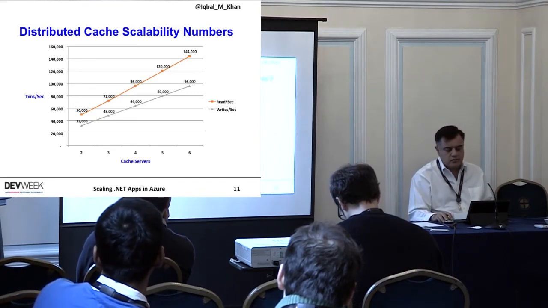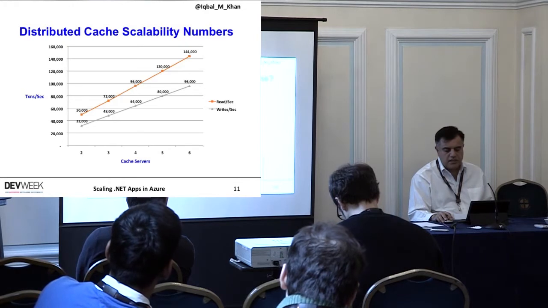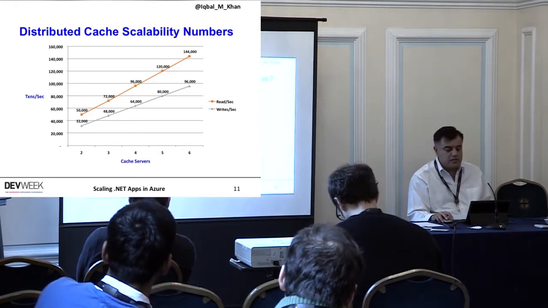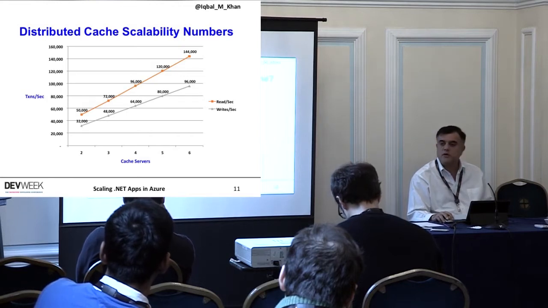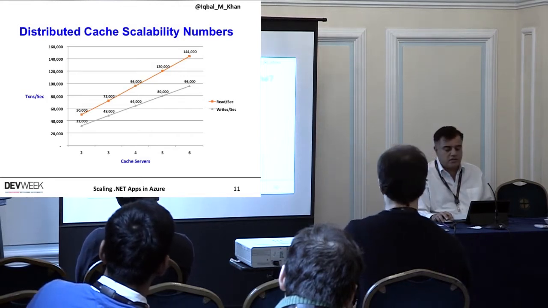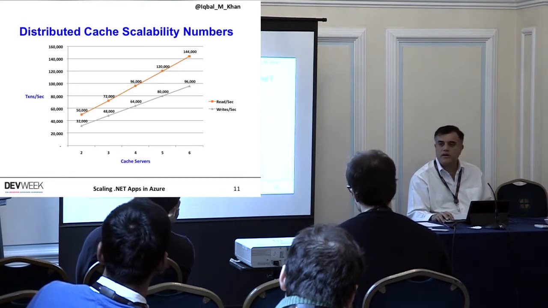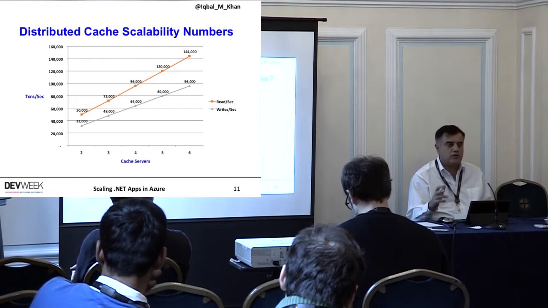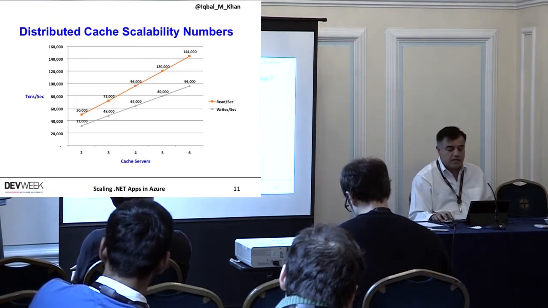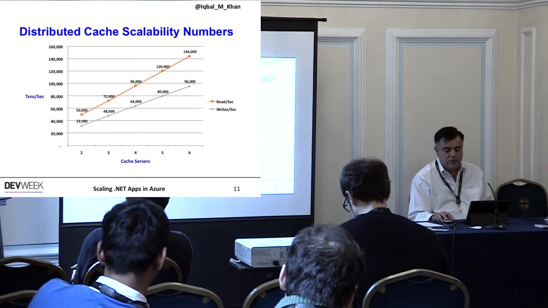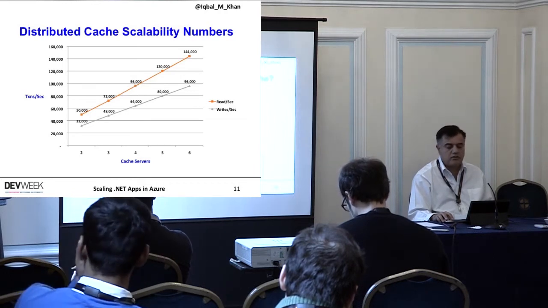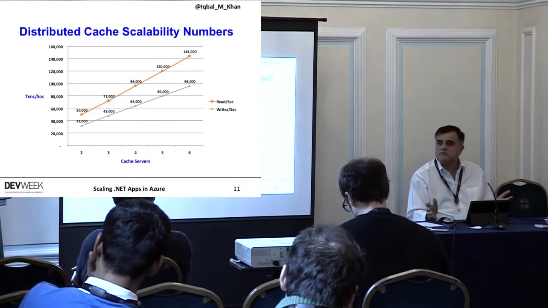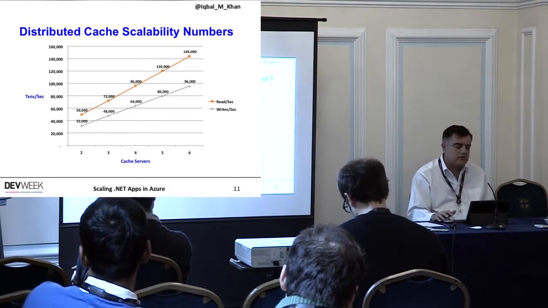Now, if you have 2 or 3 servers here, it doesn't mean that you have 2 or 3 servers in your application tier. Usually, there's a 4-to-1 or 5-to-1 ratio, so for every cache server, you have 4 or 5 web servers, with a minimum of 2 cache servers for redundancy purposes. So if you have a 3-server cluster, you have anywhere from 12 to 15 servers in your application tier, which is a pretty decent size.